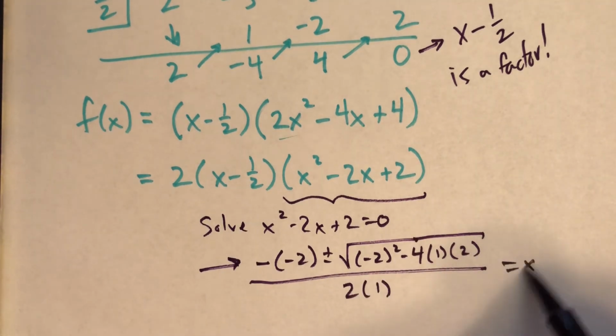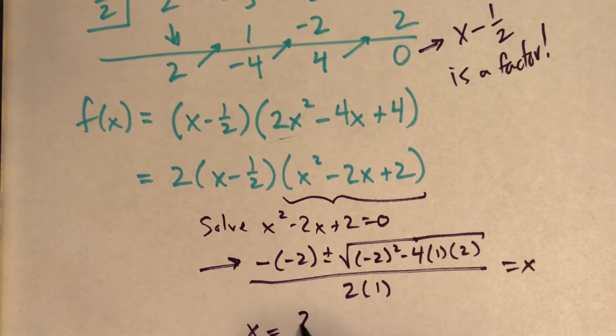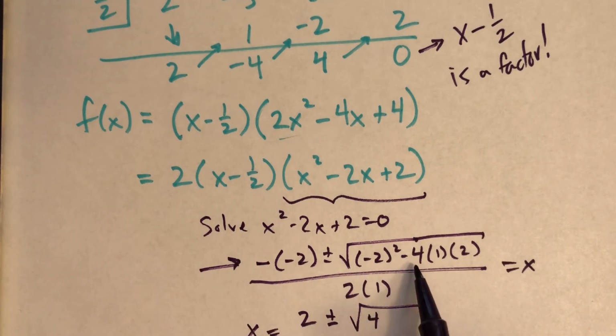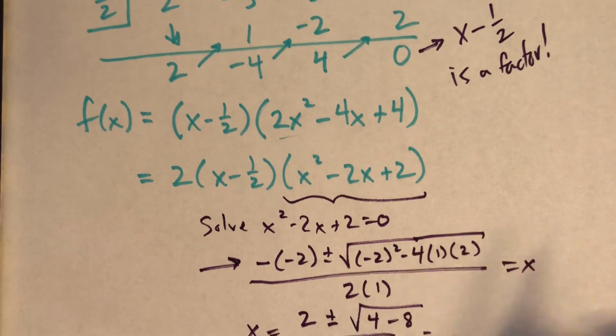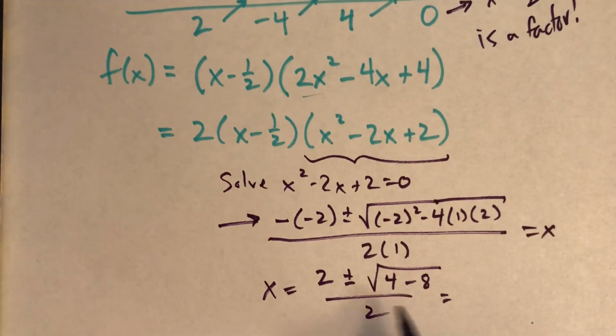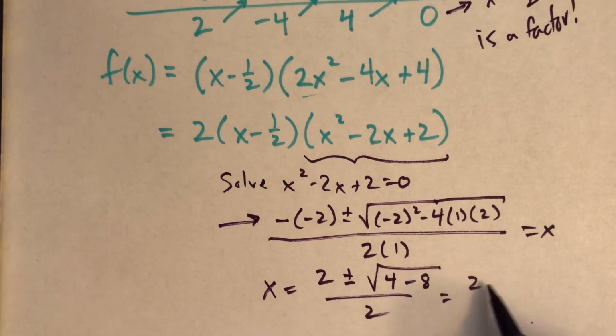That has to be our x. We're just going to do a bit of simplification here, right? So I've got negative 2 squared, that's 4. Negative 4 times 2, that's 8. Okay, and we're still playing the simplification game here. 2 plus or minus, what is this, square root of negative 4. So that's 2 plus or minus 2i.